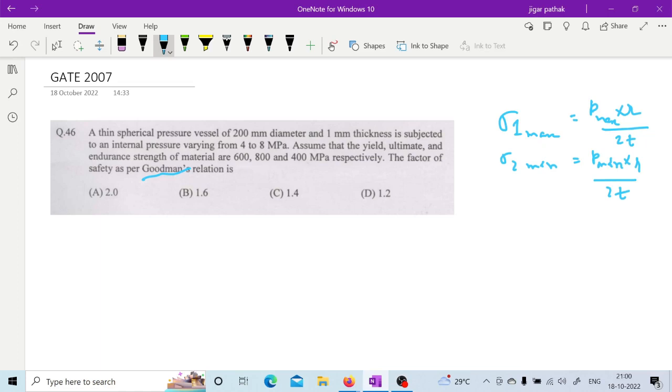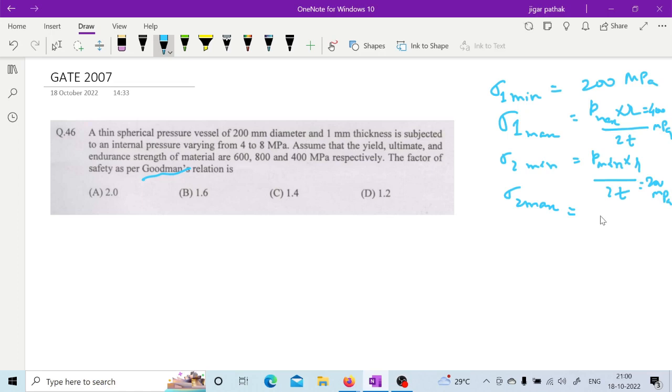For both principal stresses, sigma 1 max and sigma 1 min, similarly sigma 2 max and sigma 2 min, you need to calculate with this relation. So which will be that 400 and 200, I guess. Yes or no? 400 megapascal and 200 megapascal.